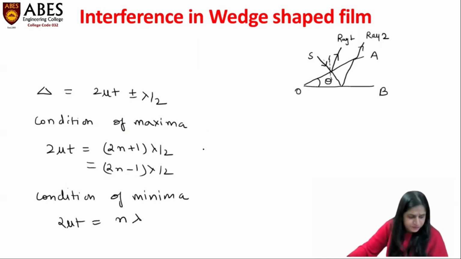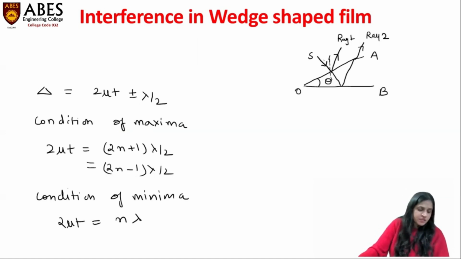Okay. So now further we will calculate the fringe width of the fringes that are forming due to the interference in wedge shape film. Now theoretically we have seen the value of the path difference between ray 1 and ray 2.